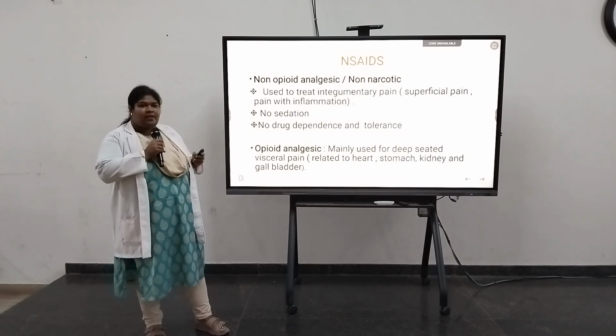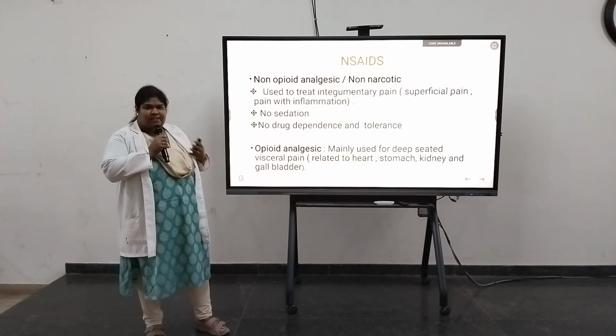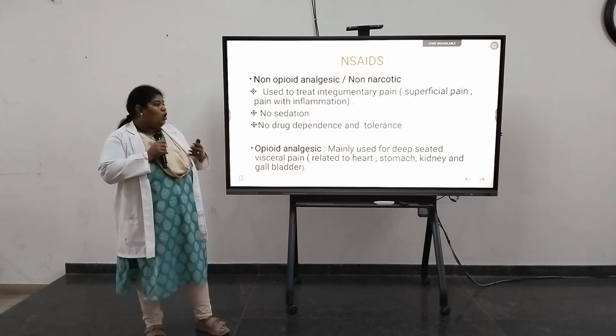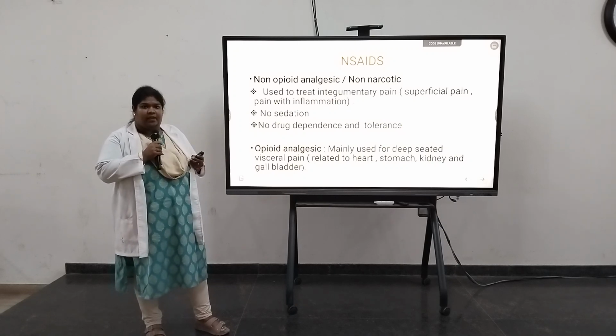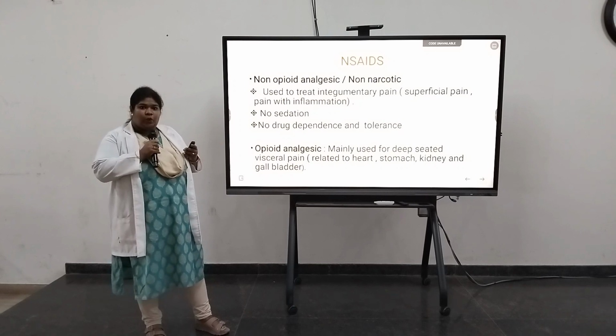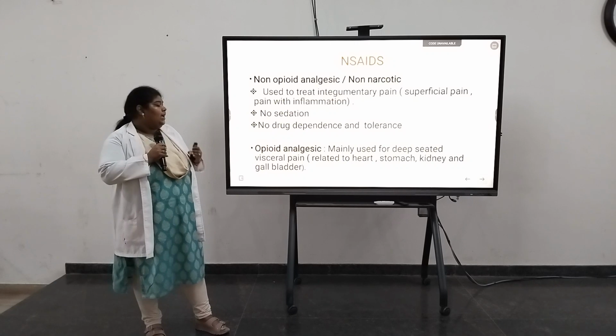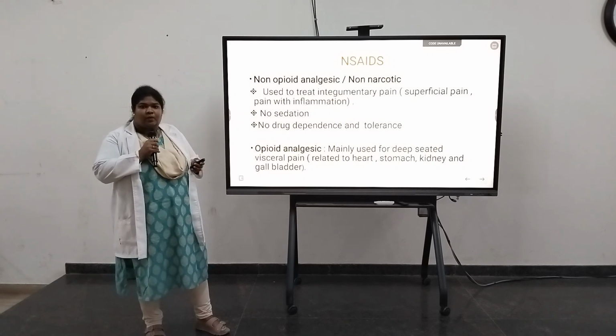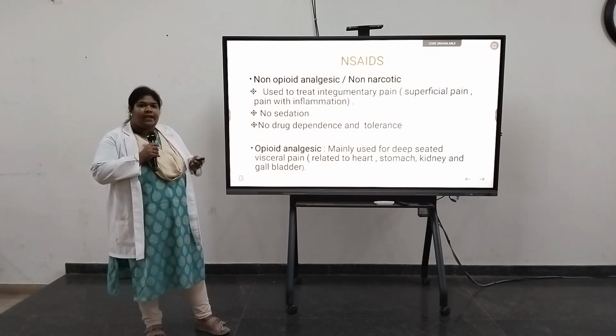Any pain presenting as chest pain or myocardial infarction, or any pain arising from an organ, is called visceral pain. Opioid analgesics are mainly used in visceral pain. Examples would be morphine, pethidine, and fentanyl.